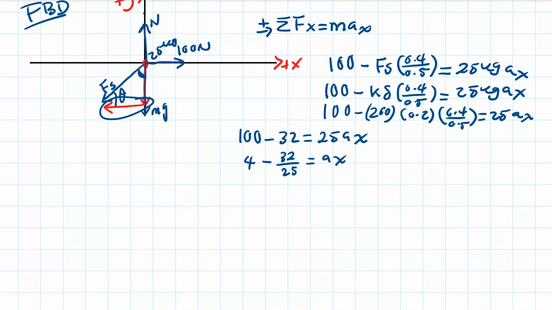So that will be 4 minus 32 divided by 25, and that gives us that the acceleration in the x direction will be 2.72 meters per second squared. So that will be our answer.